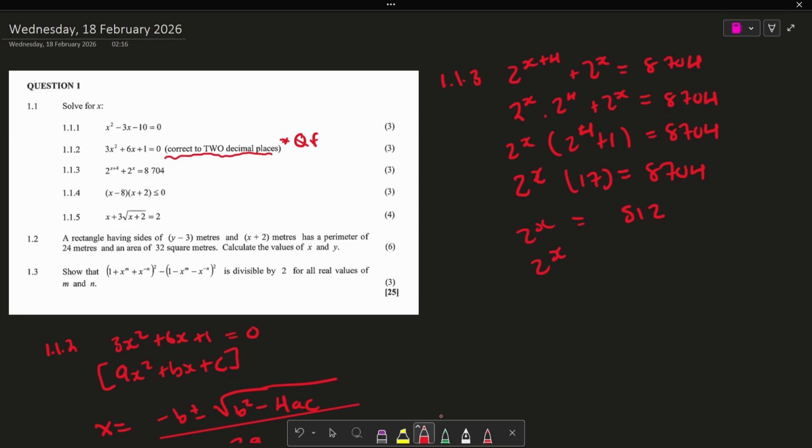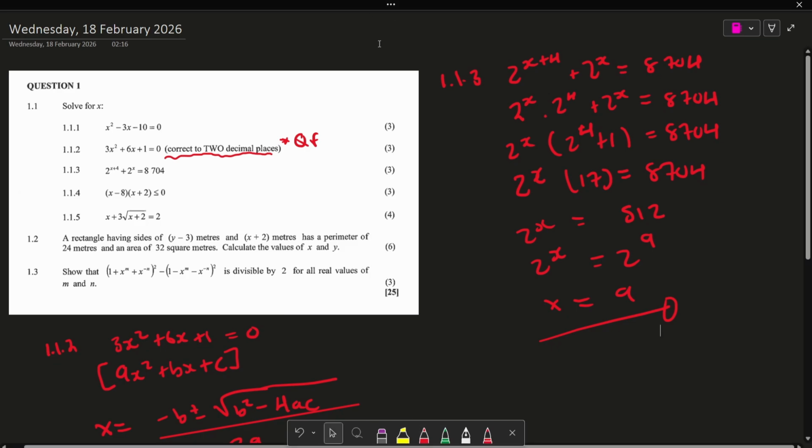Let's see if 8 works. No? Yes, so this is 2 raised to 9. And then if bases are the same, remember, we just drop the base and equate our exponents. Okay, so this is what was expected from us. It's just easy stuff, nothing complicated here, nothing too fancy.